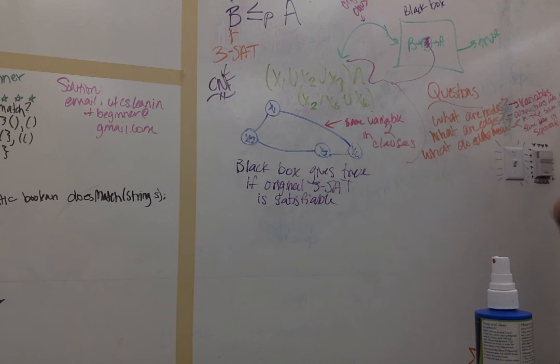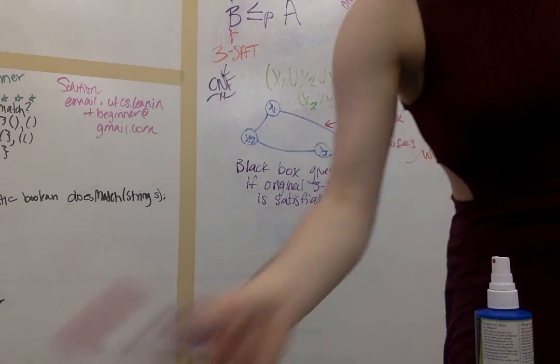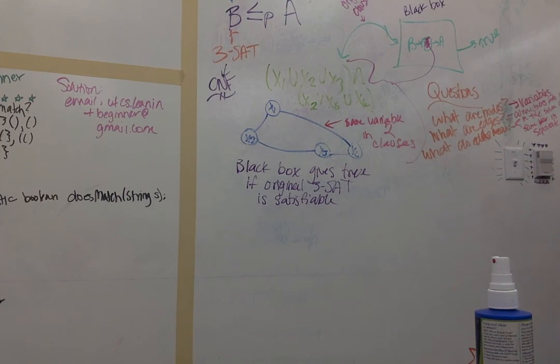clauses. So this 2 separate clauses thing, that is an example of the transitive property.